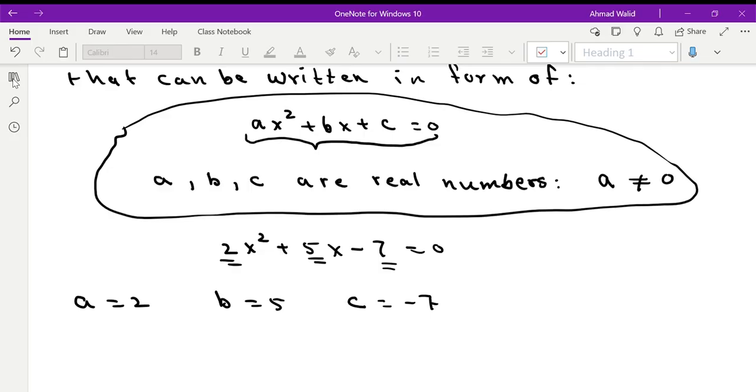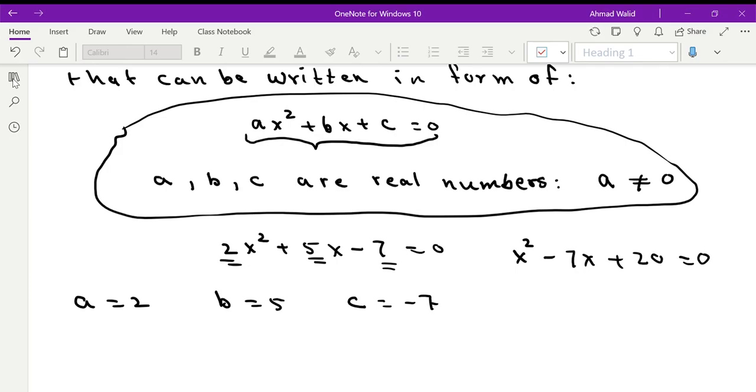Correct? The coefficient of x squared is a, the coefficient of x is b, and your constant term is c. Correct? Or in this example, x squared minus 7x plus 20 equals 0.